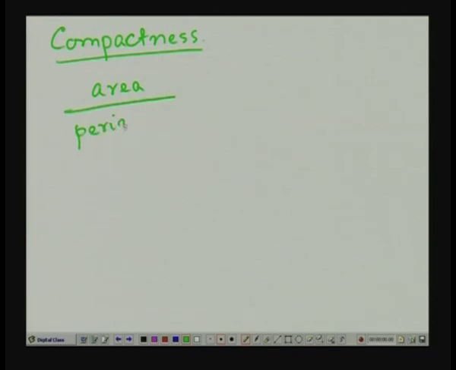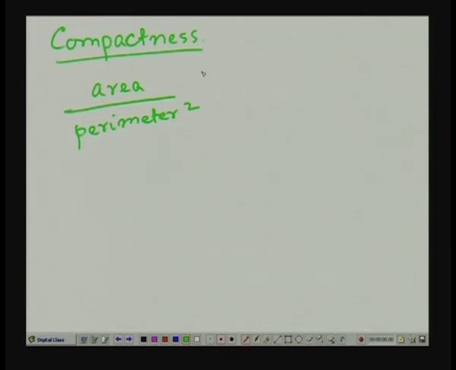The other kind of descriptor that can be used is what is called compactness. And this compactness is defined as the ratio of area by perimeter square. So, what does it give?